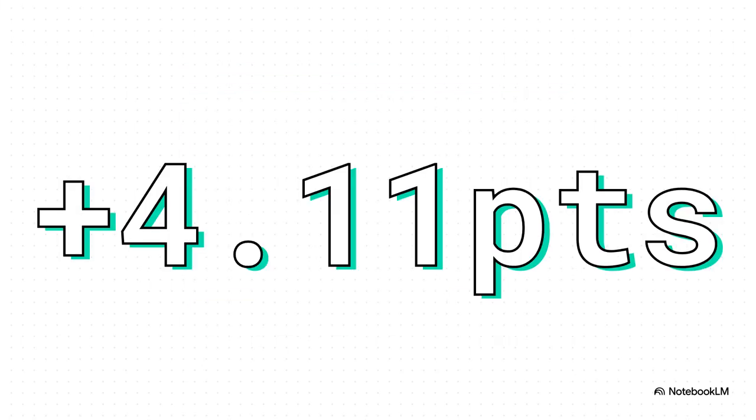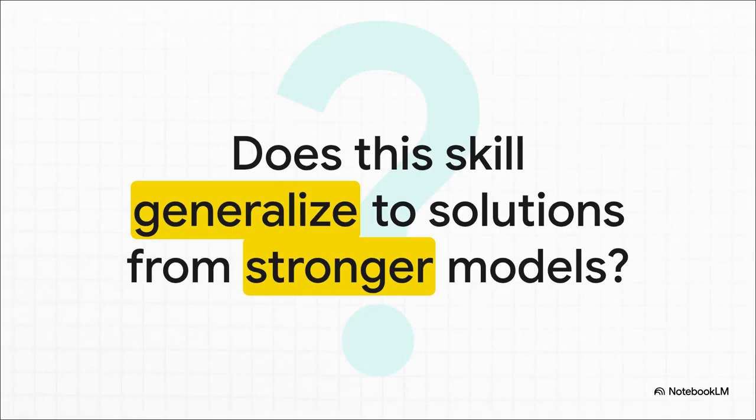Now, a 4-point jump might not sound like a lot, but on a competitive Math Olympiad dataset like this, that is a huge deal. This isn't just some tiny improvement. It's clear proof that teaching aggregation as a specific skill gives you a real, measurable boost over the old way of doing things.